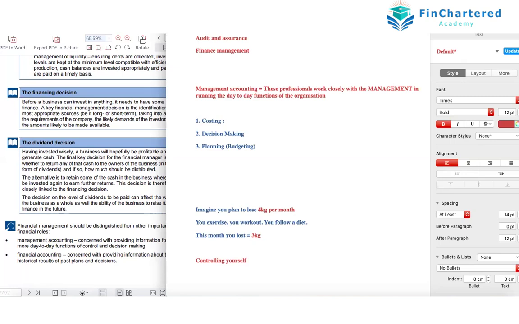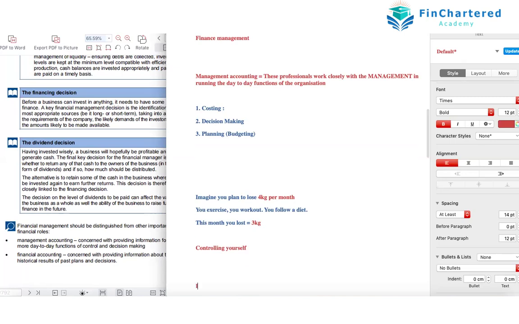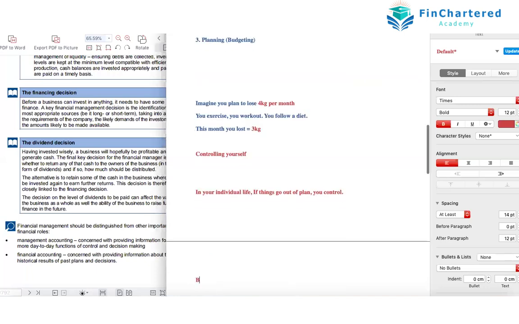So, just like how in your individual life, if things go out of plan, you control, correct? Same way in business also, there are times when you will go out of plan.